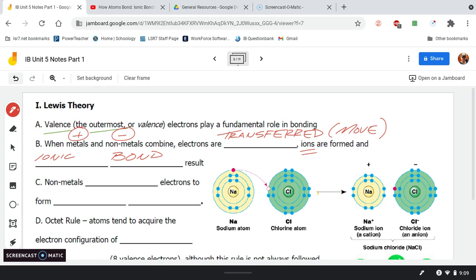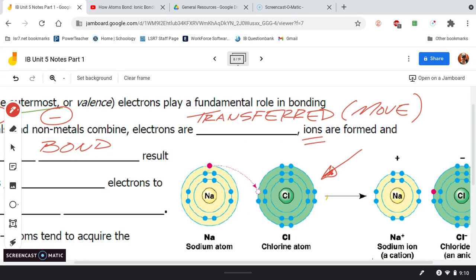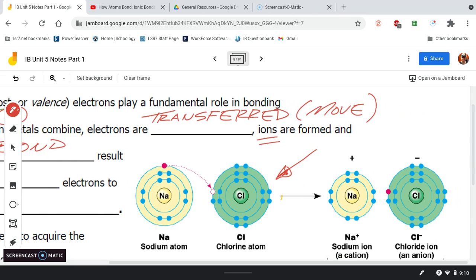In this picture, this electron is in sodium, and sodium gives away an electron. It physically transfers it over here to chlorine. It's like, hey, I don't want this electron, you take it. Why does sodium not want the electron?